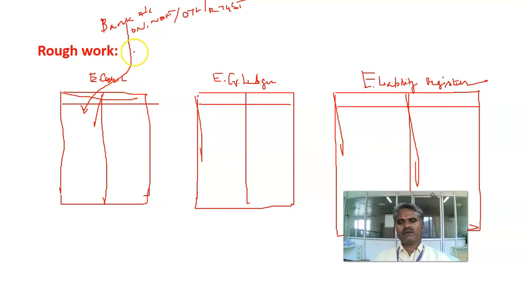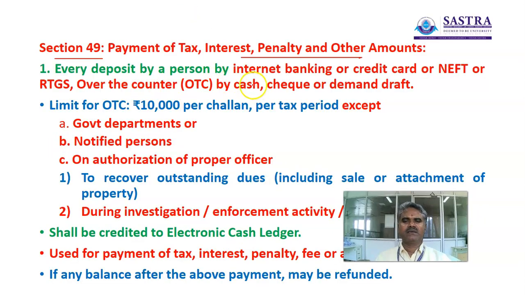Once you maintain a sufficient balance in your bank account, you have to transfer the money to your electronic cash ledger. So here you have to maintain the optimum cash balance.